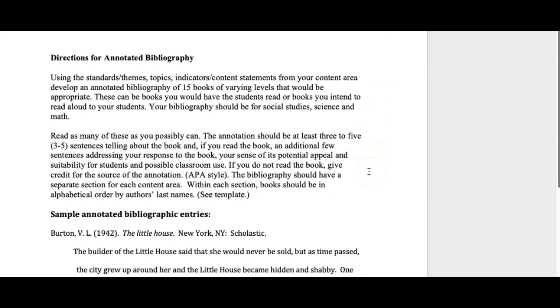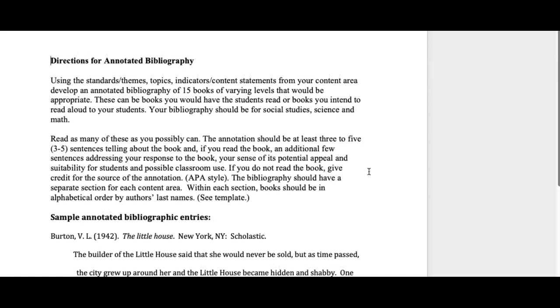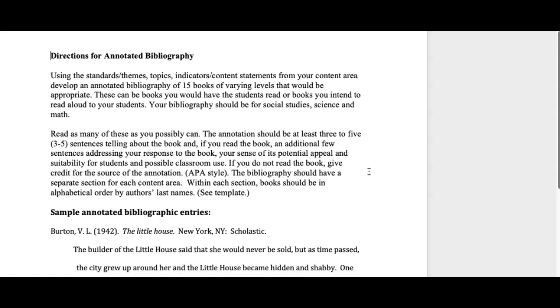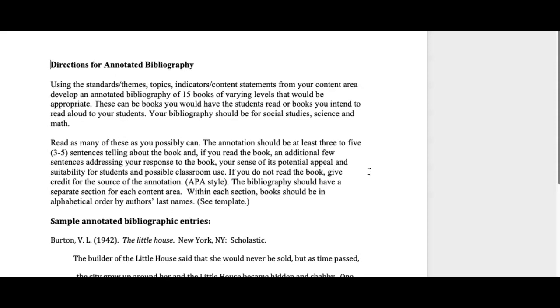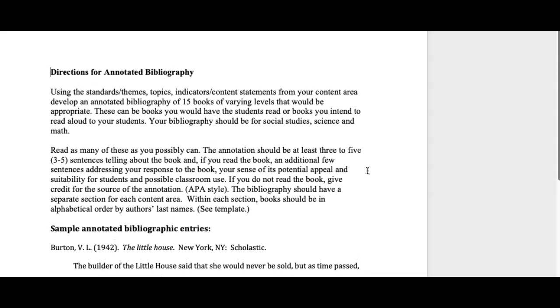You're going to use the standards, which I have posted under resources at the top of Moodle, from your content area to develop an annotated bibliography of 15 books of varying levels that would be appropriate.